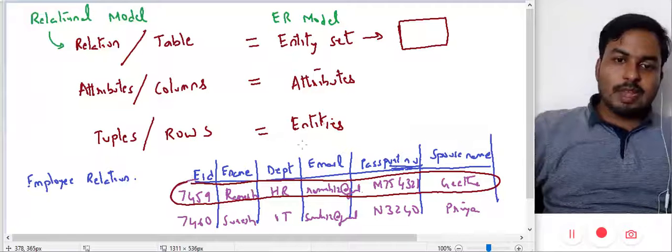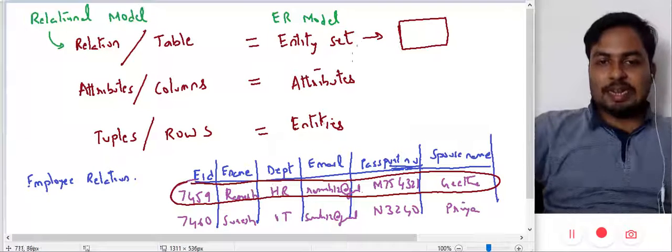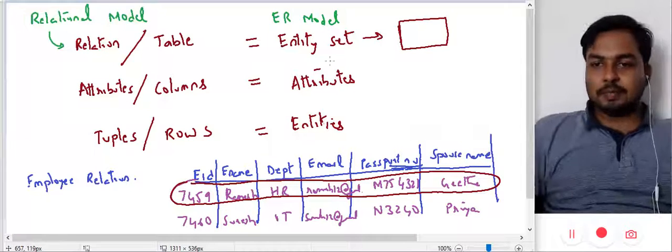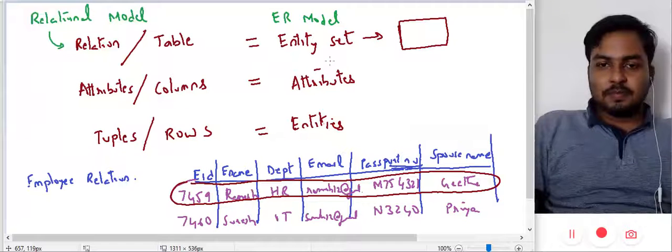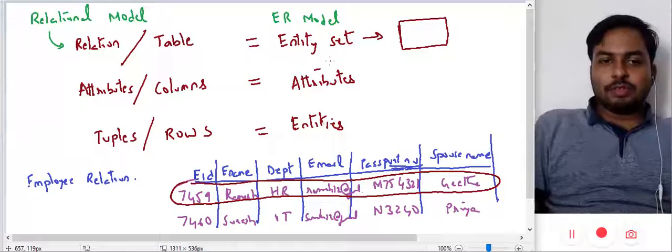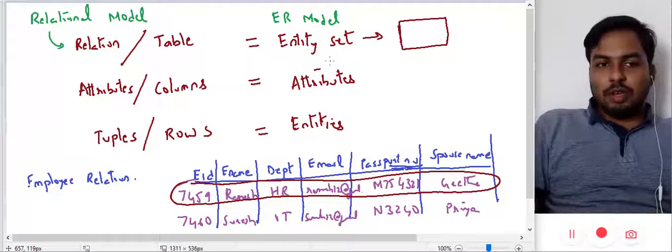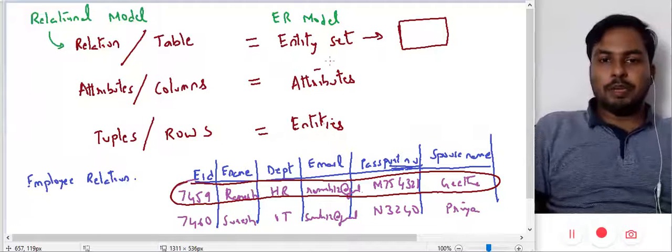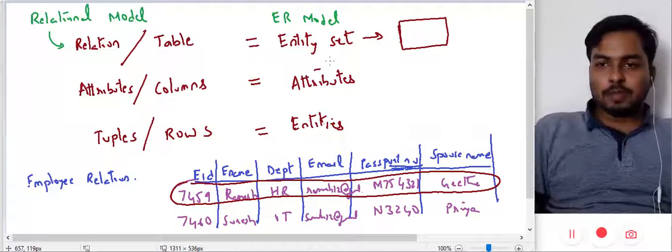A collection of such similar entities is nothing but an entity set. Understood? Always remember this comparison between the relational model and the ER model.